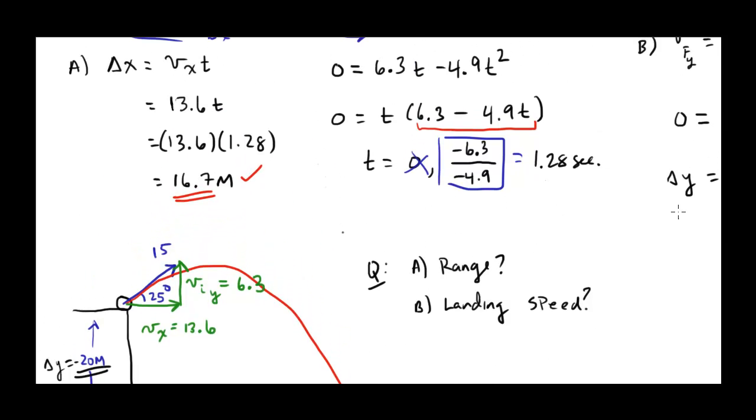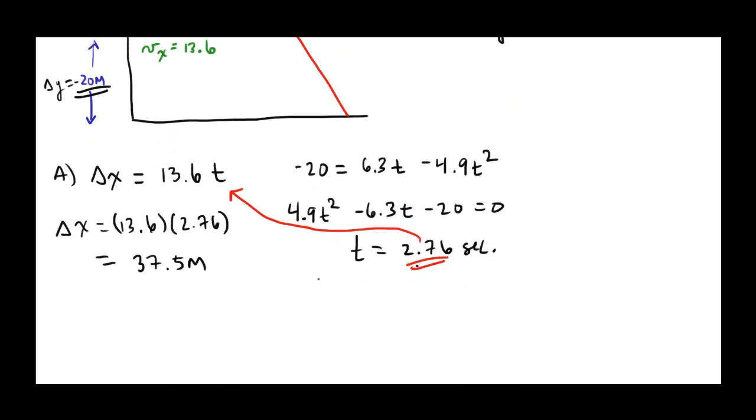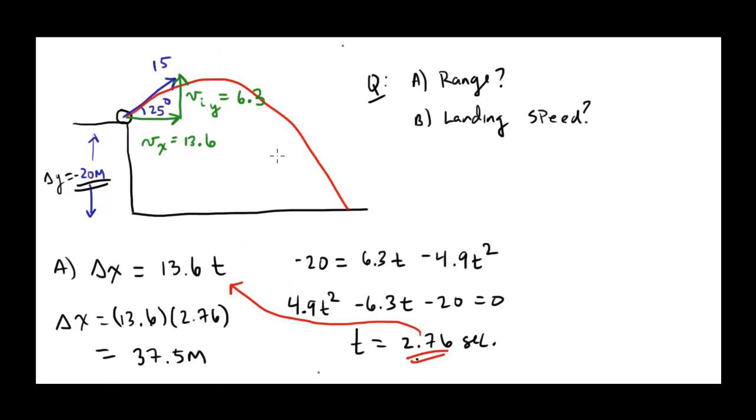Here we only got 16.7 meters. Now we get 37. Why so much more? Well, since we kicked the ball off this cliff, the ball's in the air for a lot longer, so it travels a greater distance.